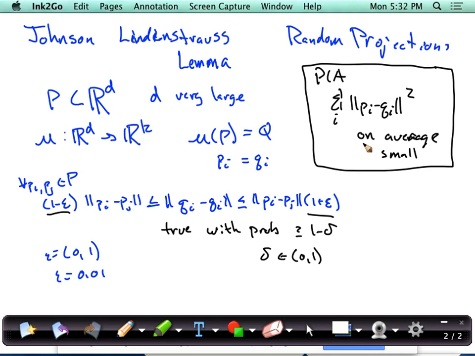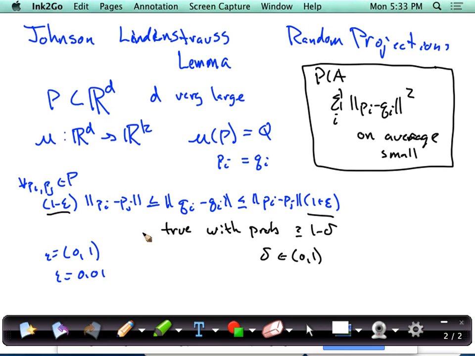With PCA, we could get down to like 2 or maybe 10 dimensions, and you'll see in homework 5 that this often works pretty well with just a few dimensions. With the Johnson-Lindenstrauss approach, using 2 or 10 dimensions is not going to work that well.